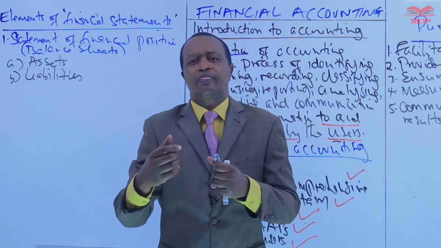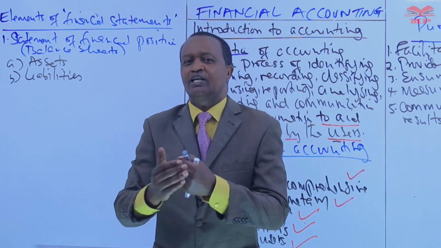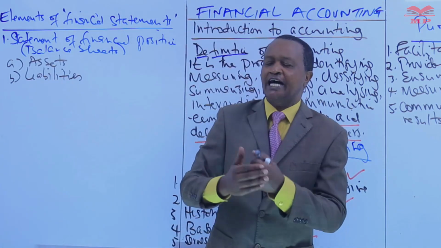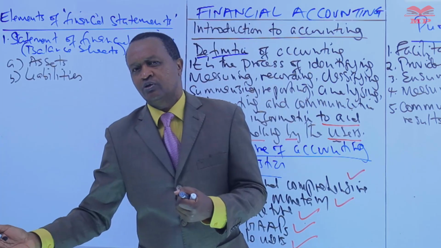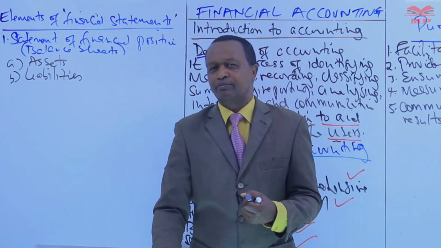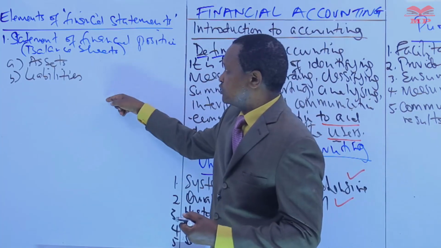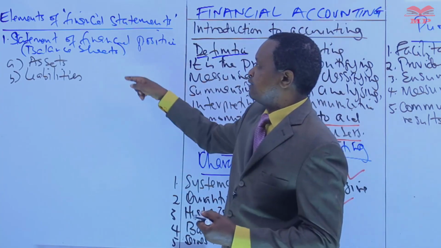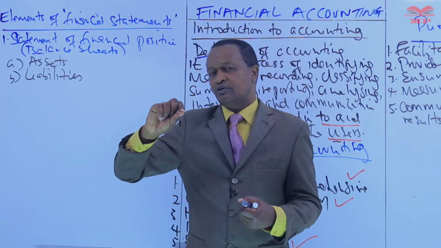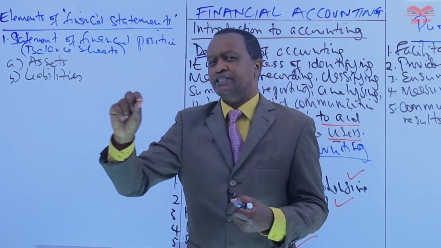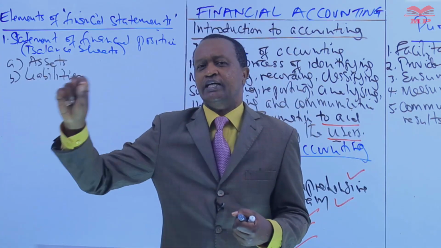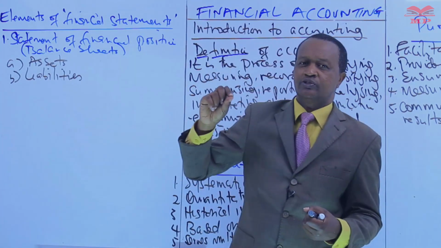For example, a loan. If a company has a loan, that loan is a liability. Another one is accounts payable, also known as creditors. If a company has creditors in the balance sheet, then that amount of creditors represents the debts that the company owes, say to suppliers. Do you understand?